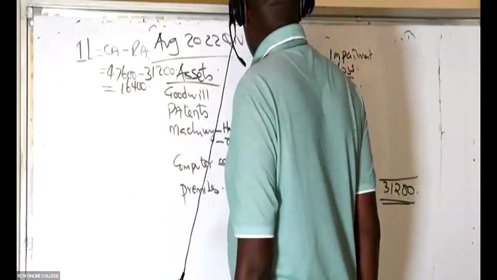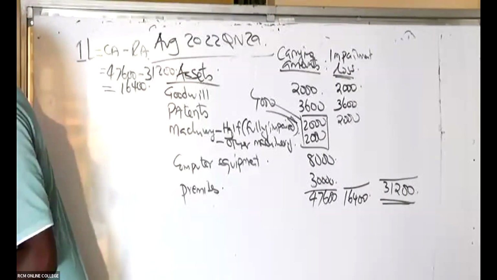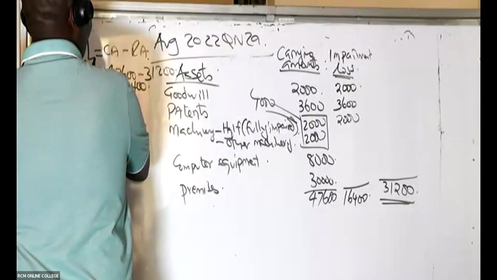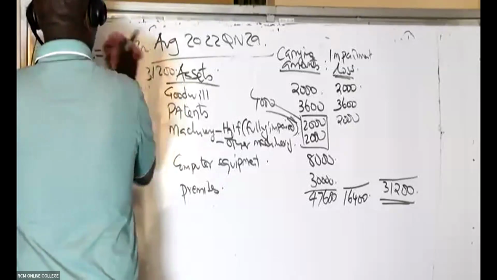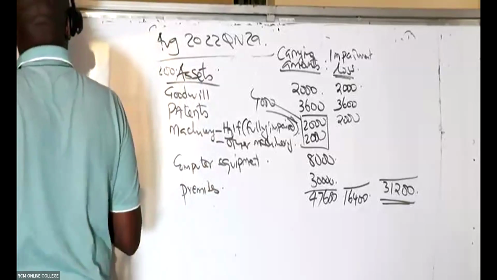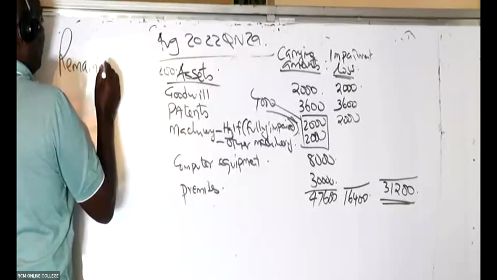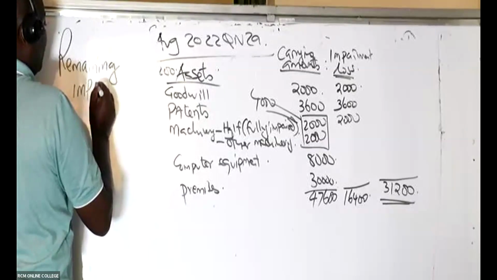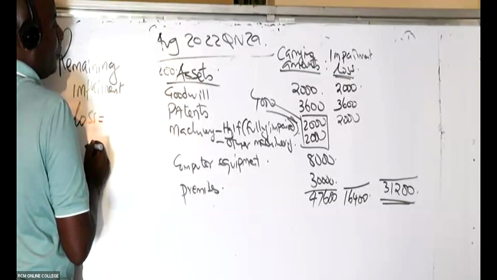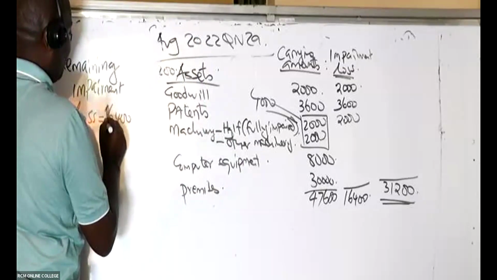And then we have the other assets remaining, sharing the remaining impairment loss. So you come and give us the remaining impairment loss: $16,400 minus what has been given out.